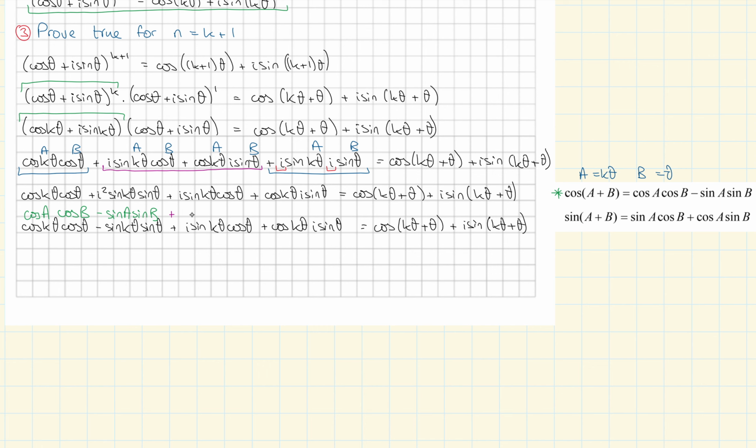And then we have plus i sine A cos B plus cos A i sine B. So now we can swap out, and that means our left hand side tidies up to cos of A plus B, which is k theta plus theta, and then plus this whole side here will tidy up to sine A plus B, but we know in front of sine we have an i, so that becomes i sine k theta plus theta. So there's my left hand side tidied up.